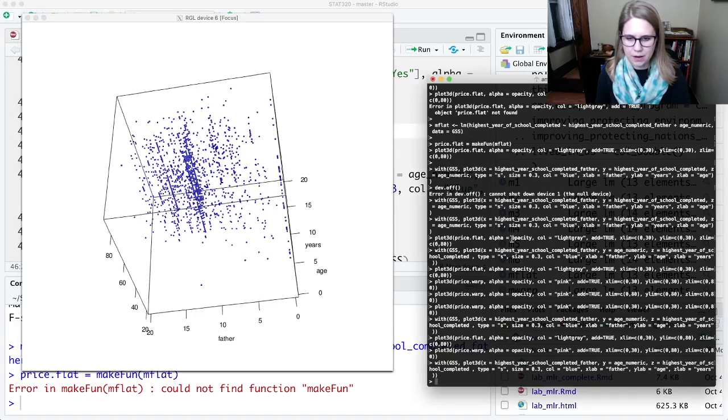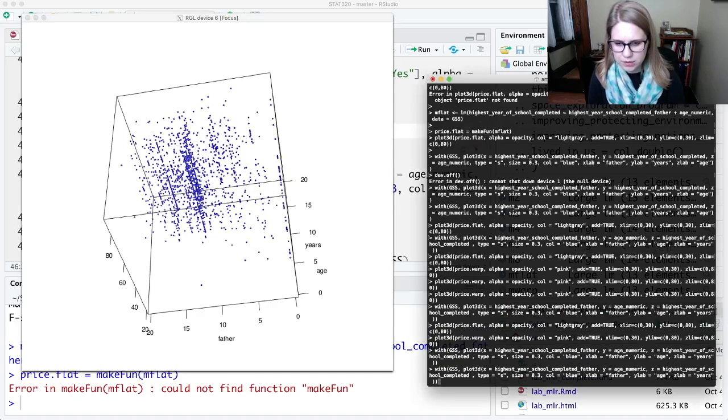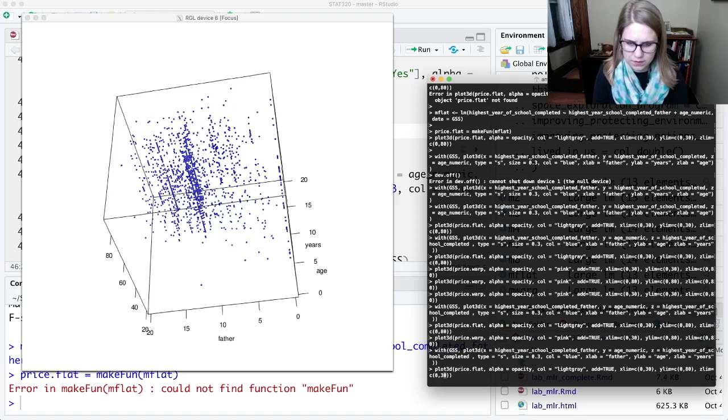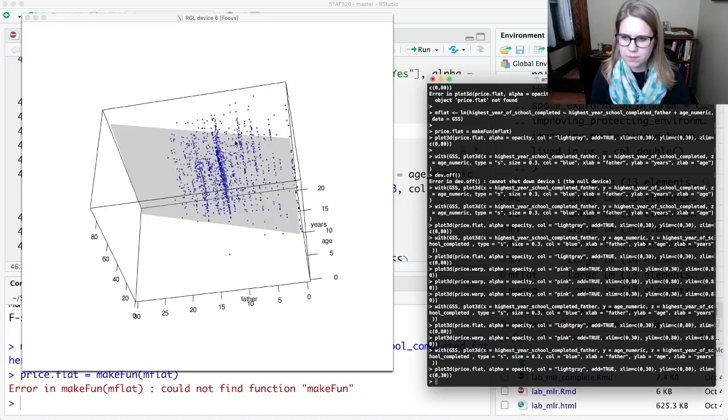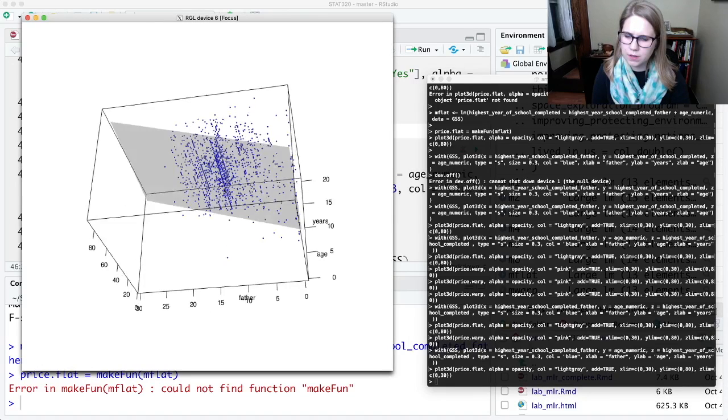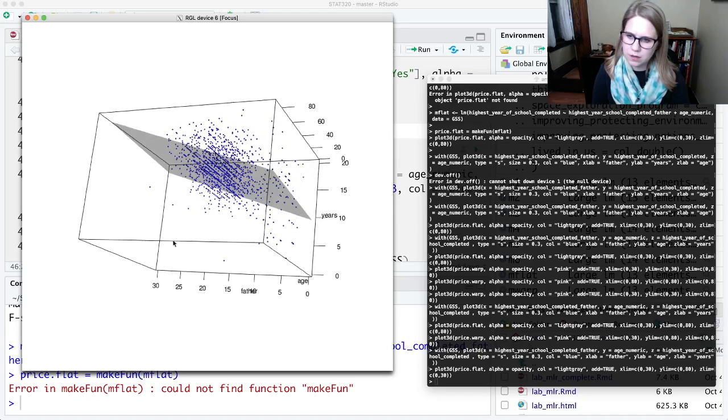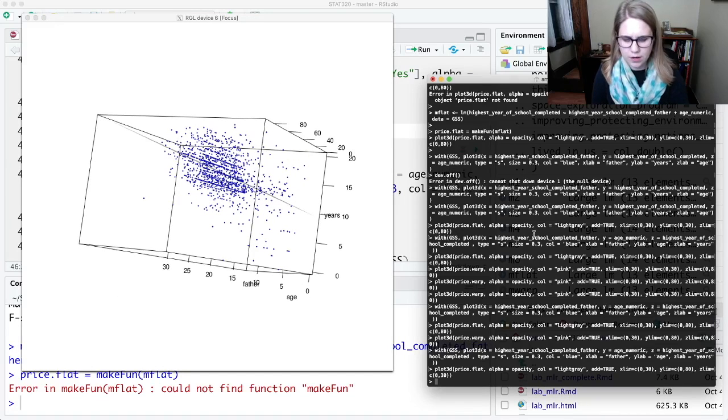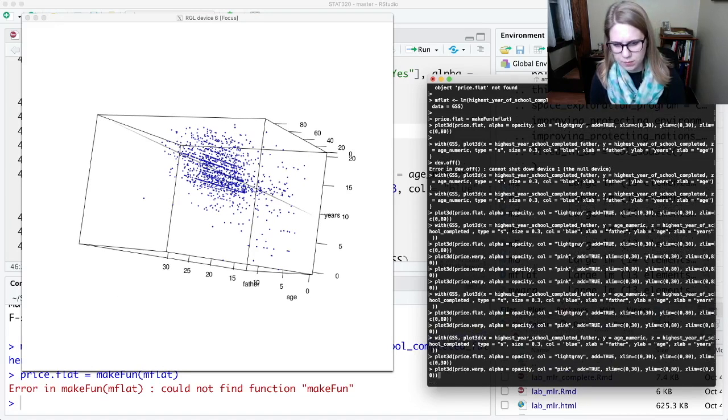Okay, so we've got that, but I'm going to try and show it to you. I'm going to do the flat one first. So there's my flat plane in 3 dimensions. That's the perfectly flat one. And then let's try and put the warped plane on there.